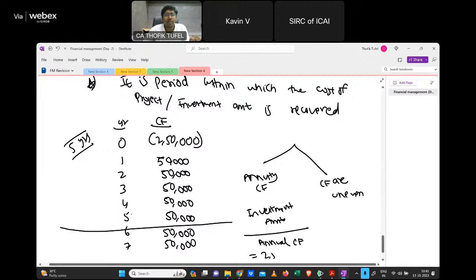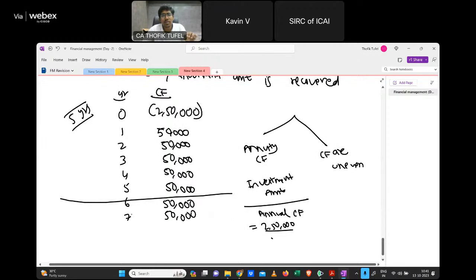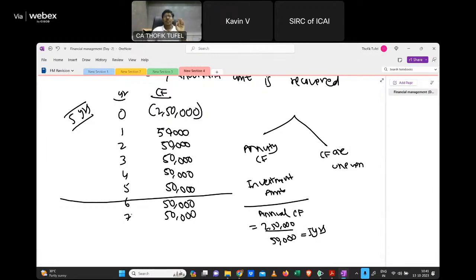You will get 2,50,000 divided by 50,000. The answer will be 5 years. Whenever you're having annuity cash flows, this is the formula that you can use: investment amount, which is the cost of the project, divided by annual cash flows.